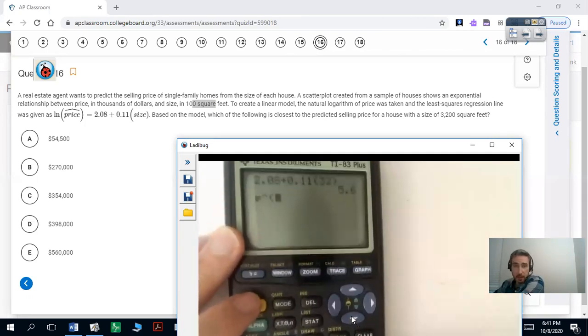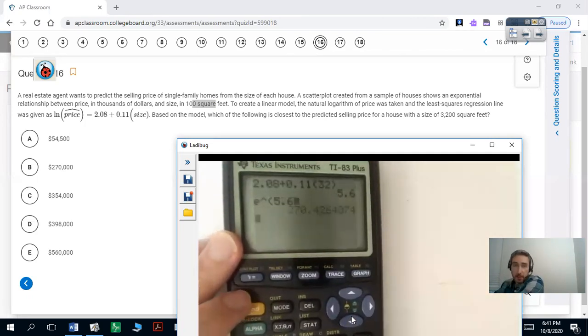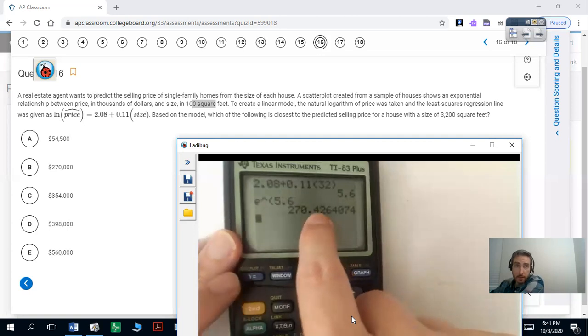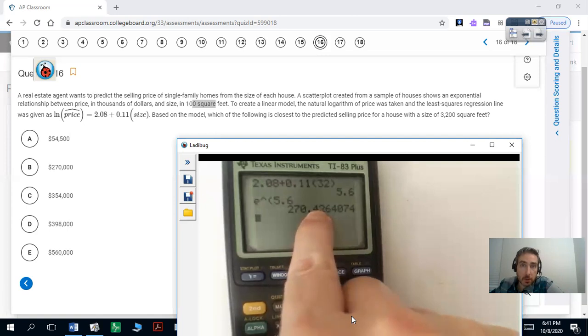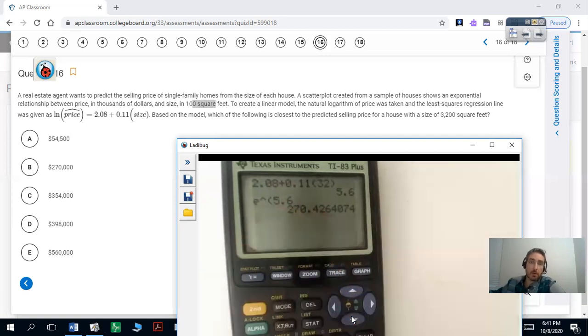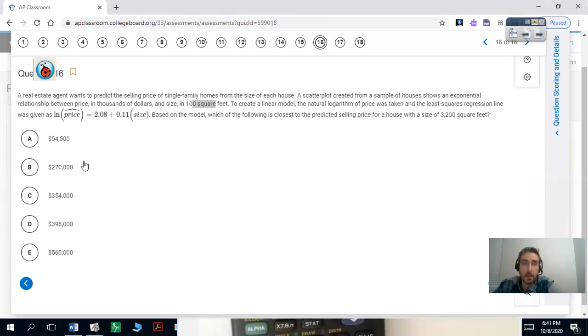And now do second ln, and then 5.6, and 270, and this is in thousands of dollars, so $270,000 would be your answer for that one. Keep up with those units. They can get you sometimes. They almost got me there.